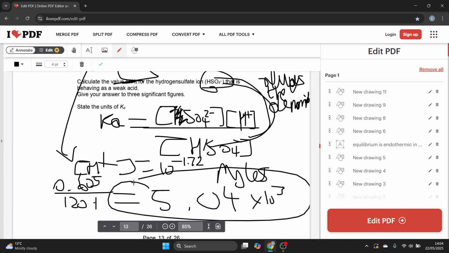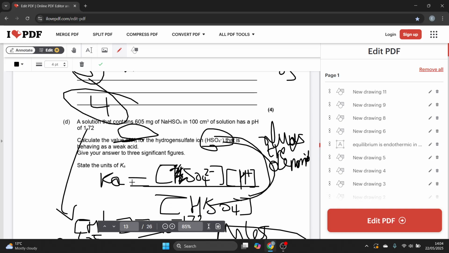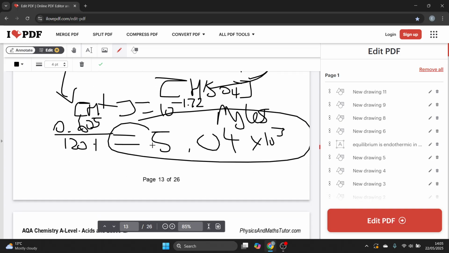And then, because it's a weak acid, initially the concentration of SO4 2 minus. Oh, before you can do that, I need times by 10.